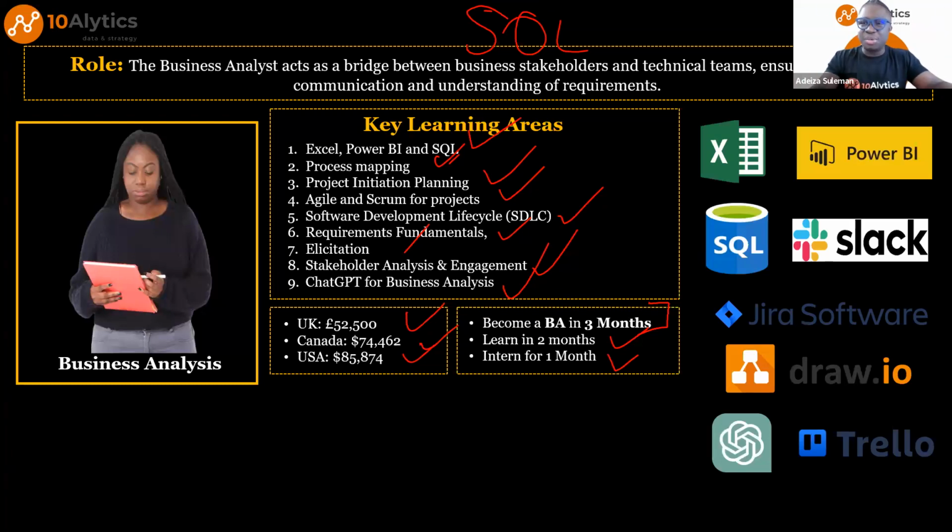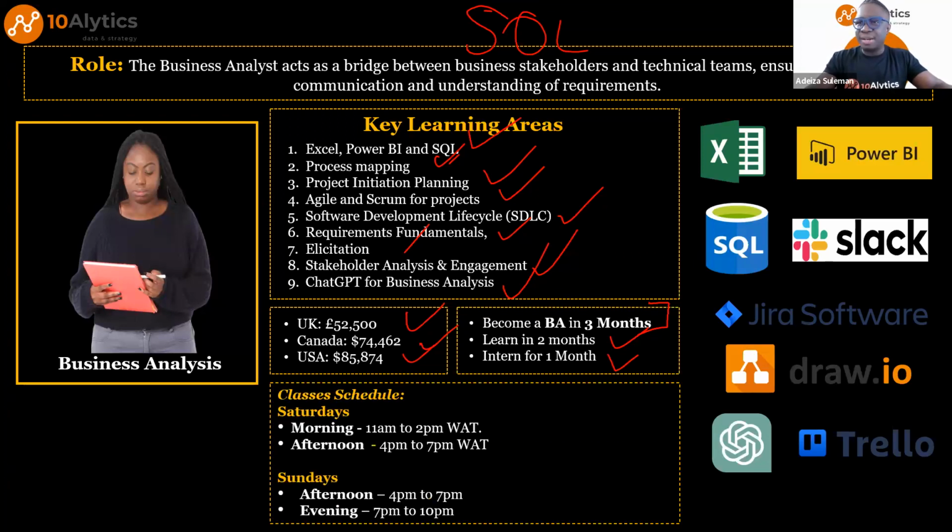So this is what you'd be doing during the internship. So firsthand, you are working in a real life work scenario, helping to solve real life problems. So when you get the job, day one, you know what to do as a business analyst, right?